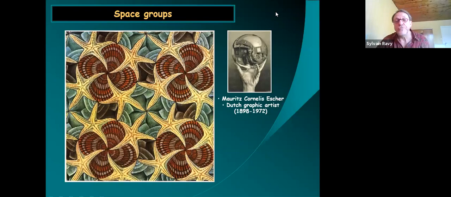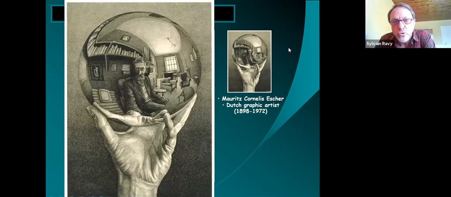Here I have some funny example just to show you that these symmetries are a little bit more tricky than the point groups. So here you have a drawing of Maurits Escher, who is a Dutch graphic artist.